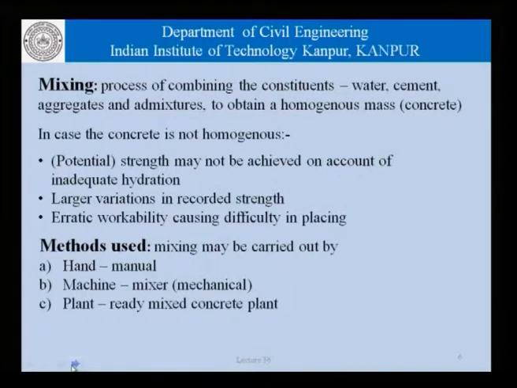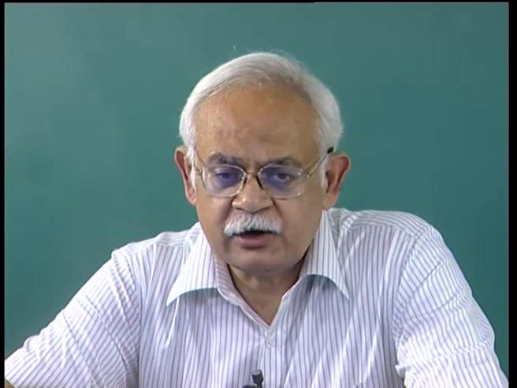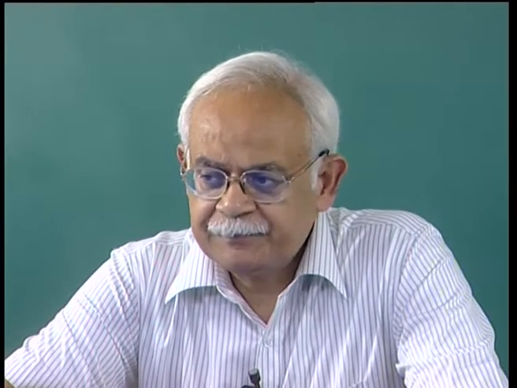When we do experiments in the laboratory, whether for academic purposes, for research purposes, or to find out the most appropriate mix for a particular construction project, we use a mixer. But that is not the same thing as using the actual mixer which is going to be used for mixing the concrete for the project.